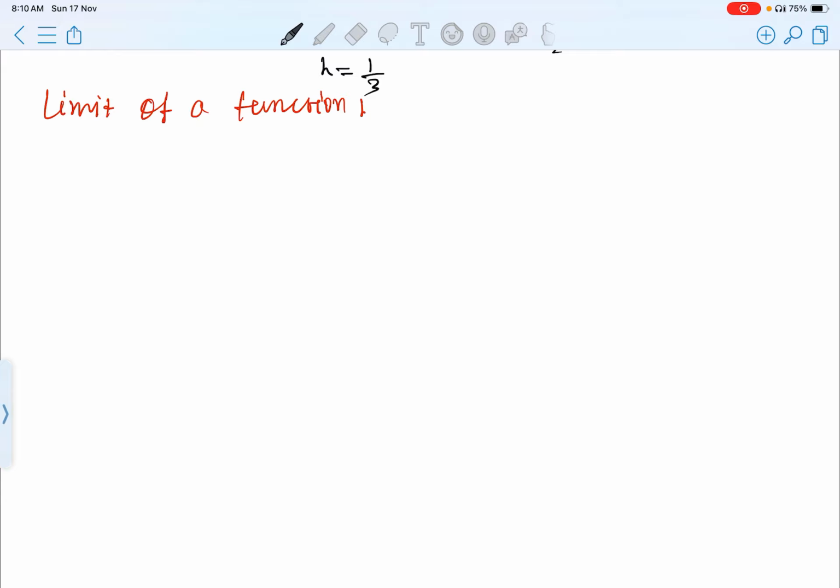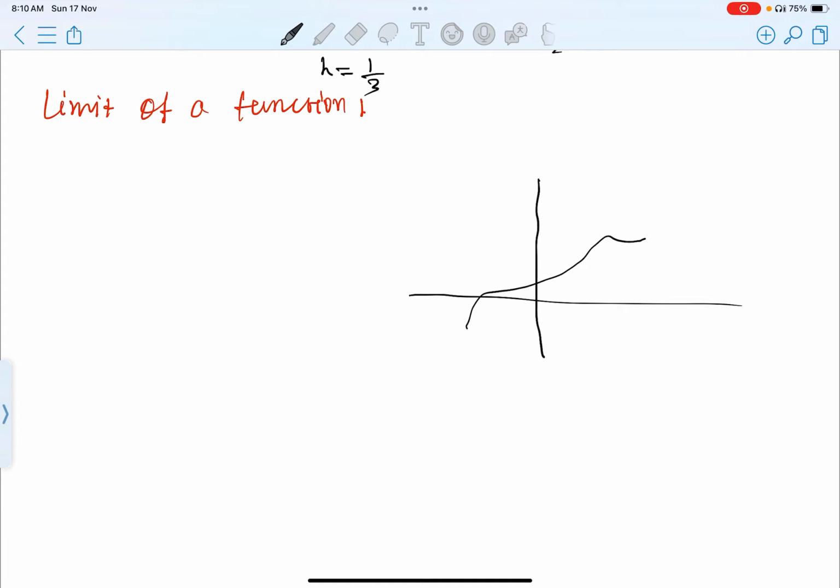Just try to understand, assuming this is our graph, whatever graph, assume a is here. I already told you what the meaning of extending to a is: you can come this way or come in this way. Then try to understand where the function is going, corresponding to the f of a value.